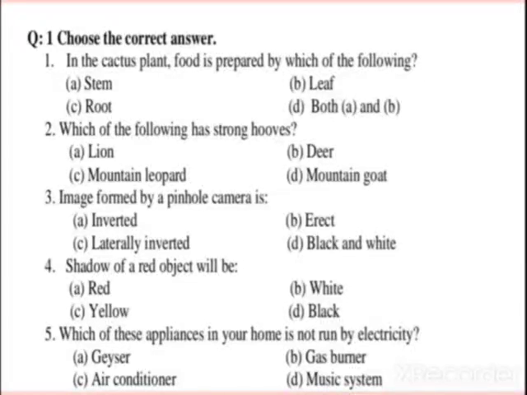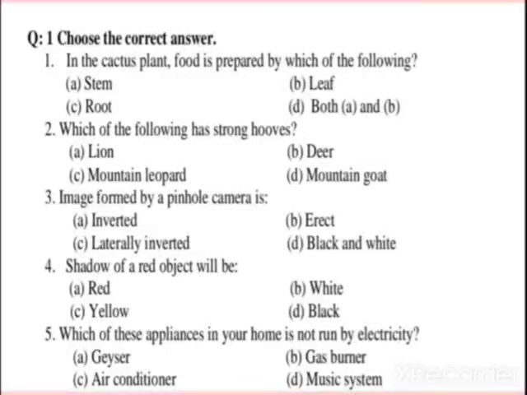Question number 2. Which of the following has strong hooves? Again 4 options are given: lion, deer, mountain leopard and mountain goat. Your correct option is mountain goat. Mountain goat is the animal which has strong hooves.